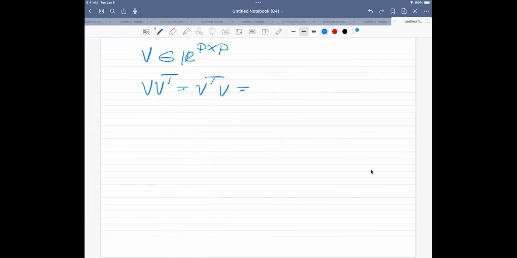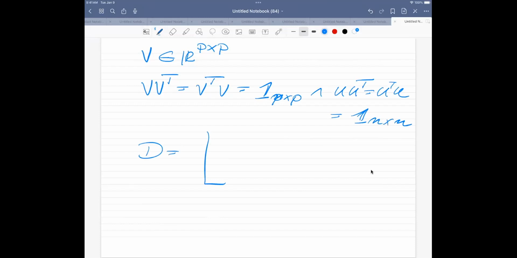So this is the diagonal matrix, p times p. And then we have U transpose U, which is a unit matrix of dimensionality n times n. And this matrix D contains the singular values. So I'm just reminding you of some of these properties.